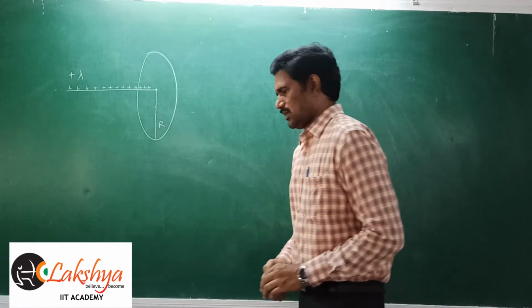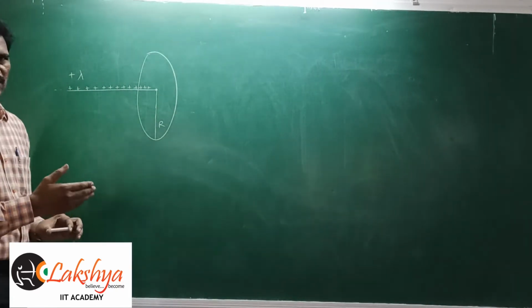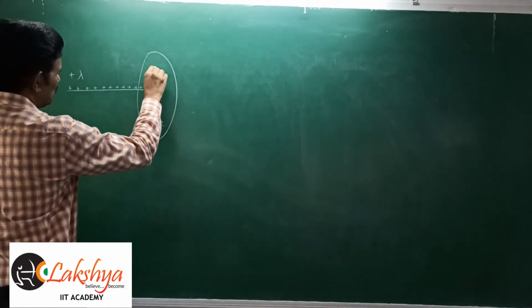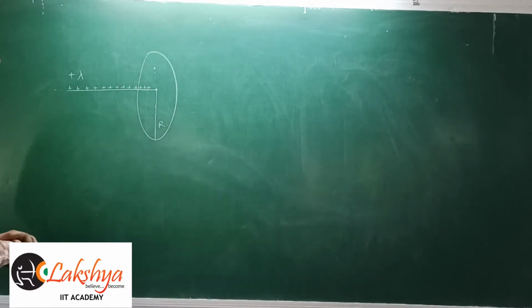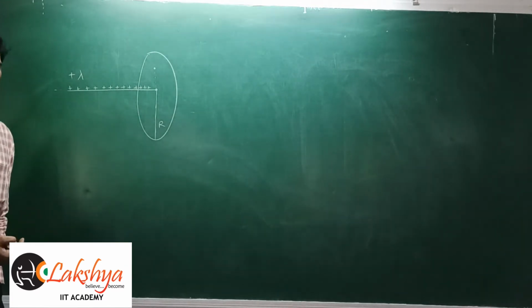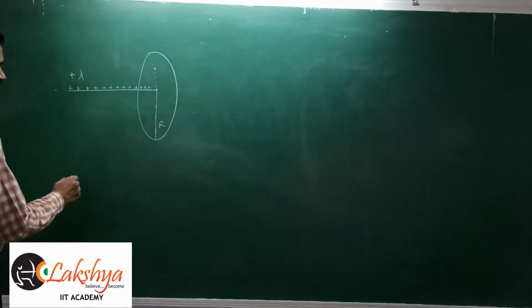So here we know the electric field produced by this semi-infinite line at its end. Suppose I consider this point here; we know the components of the electric field produced by this semi-infinite line.